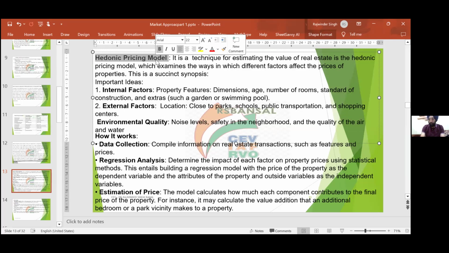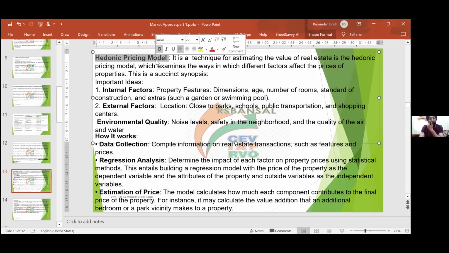They do surveys that collect the data, and then from the statistics they find out some coefficients of regression, which you have studied in statistics. Why is statistics important? Statistics is used in this market approach. Use of market statistics is very important in market approach.